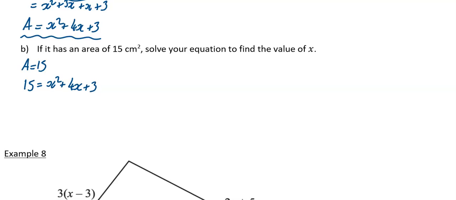So I'm going to bring this plus 15 across, and it will become minus 15. So you'll have x squared plus 4x plus 3 minus 15, and plus 3 minus 15 wouldn't give you minus 21 at all, it would give you minus 12. So we had brought our 15 across, and you'll have x squared plus 4x minus 12.